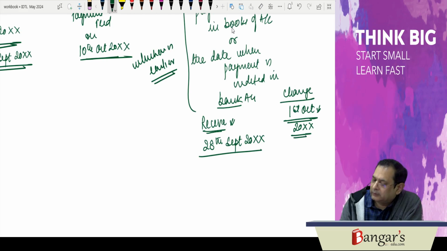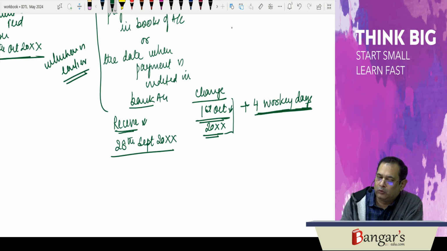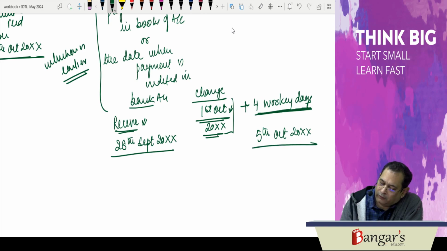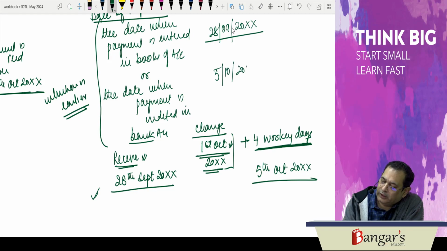Now they say that if payment is credited in bank account within 4 working days from the date of change in rate of tax, say there is no holiday in between and the payment gets credited up to 5th of October, then what will be the date of payment? Date of payment will be the date when the payment is entered in books, 28th of September, or the date when the payment has been credited in the bank, 5th of October, whichever is earlier.